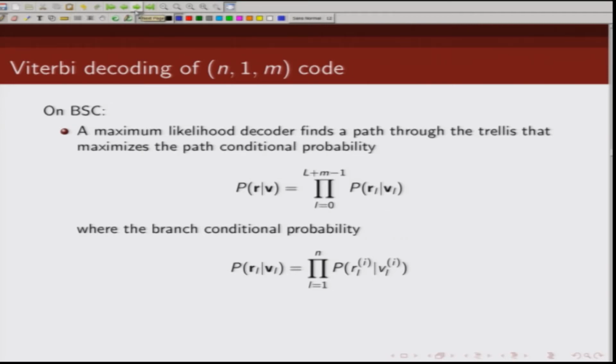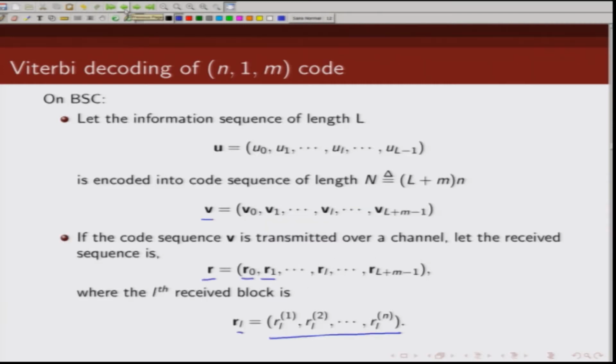Now, we know that a maximum likelihood decoder will try to maximize the likelihood function. So, a maximum likelihood decoder is going to find a path through this trellis that will maximize the path conditional probability. Now, we can define the probability of R given V. What is this R? R consists of L plus m elements, and each of these Ri's is further an n bit vector.